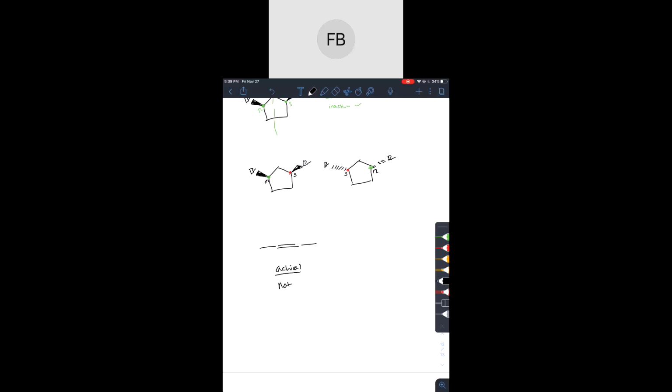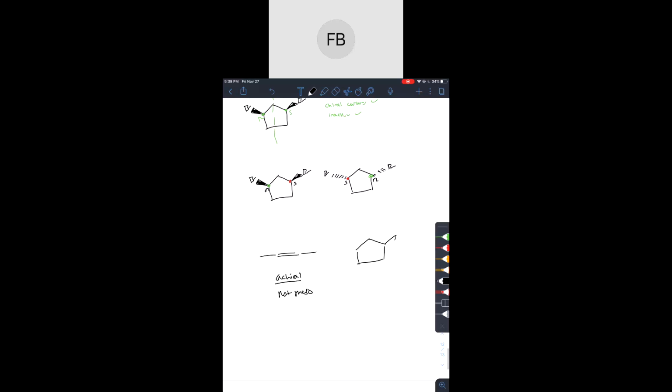Now here's another example. Let's just take the example from right above. This one is also achiral, but it is also meso, because chiral compounds are kind of like the opposite of meso.